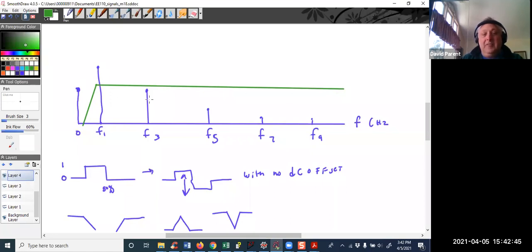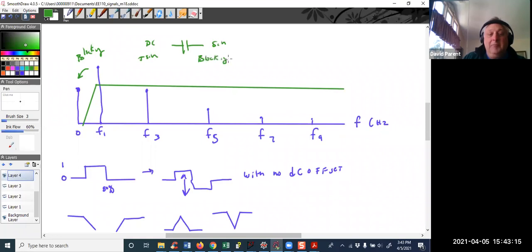All that means is all of these get scaled by the same amount. And so it's blocking. Sometimes you're going to have these signals that have some DC plus sine, and you only want the sine, and they'll call this a blocking cap.